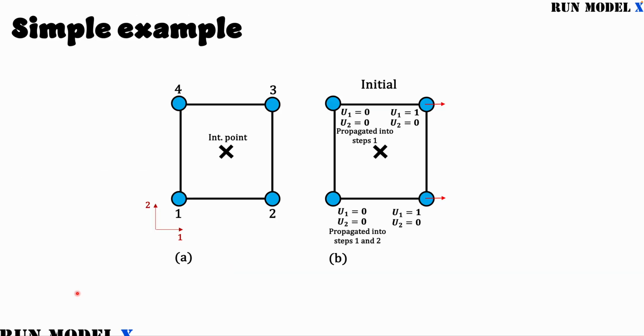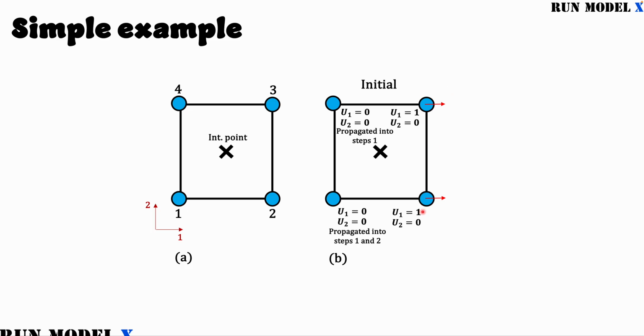So this is a simple example that I prepared to show you that you can simply debug and maybe start your code. This is just one element with 4 nodes, so it's an S4R element. The node numbers are 1, 2, 3, and 4, and we have 1 integration point at the center.